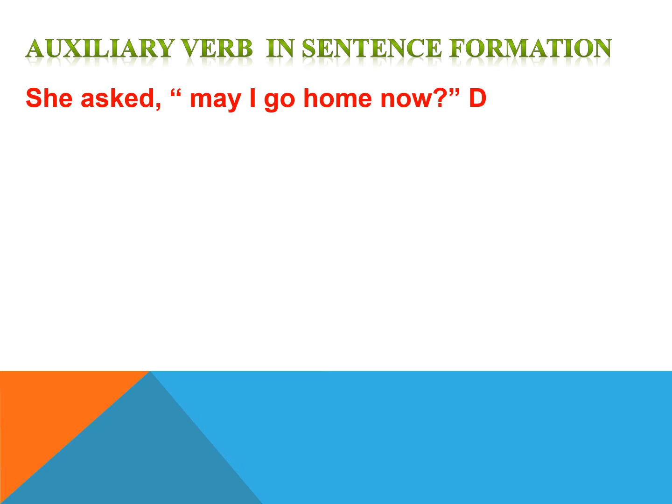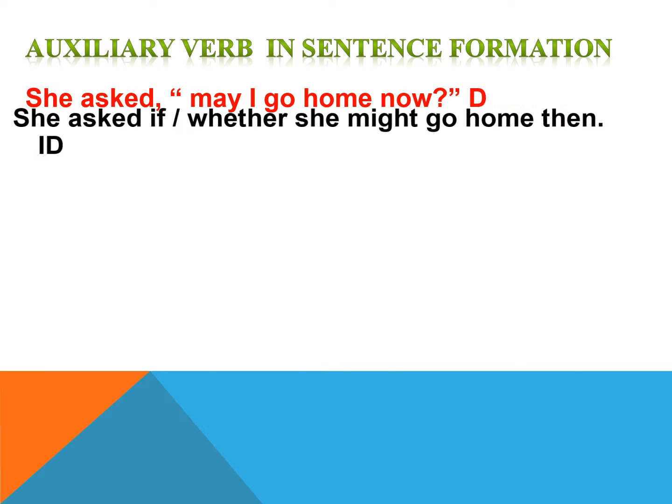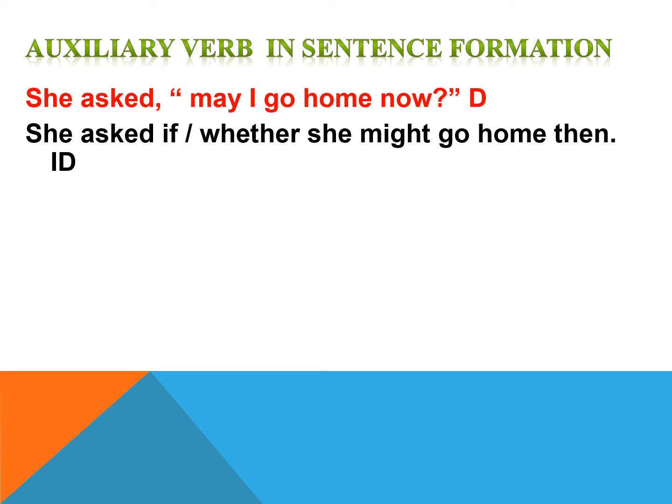We change the sentence like this: she asks. Then, since the sentence begins with an auxiliary verb, we use "if" or "whether" as a conjunction, and then the first person changes according to the same subject. Then we write she might go home, and "now" changes into "then".